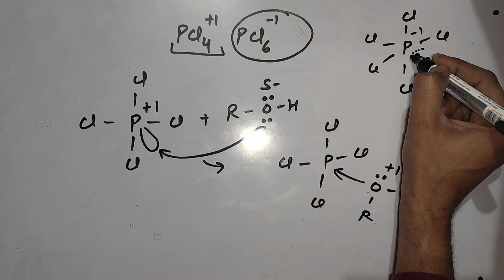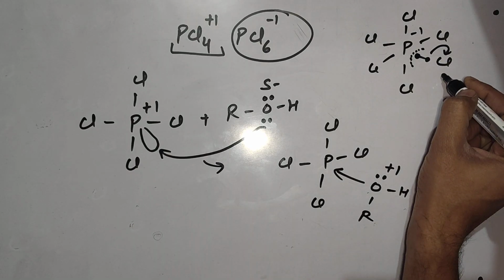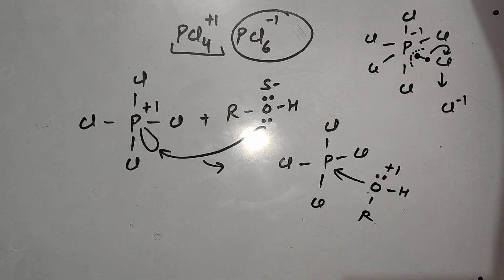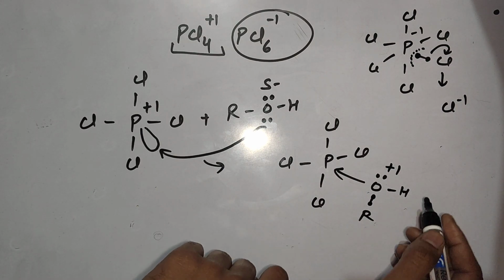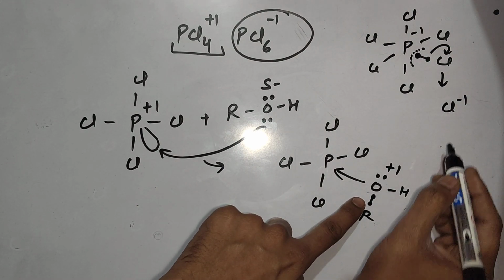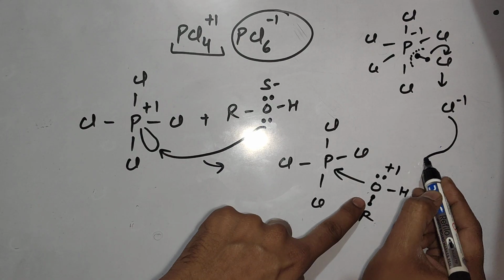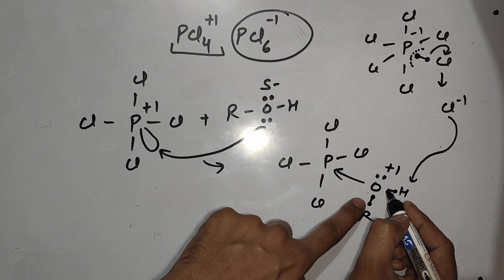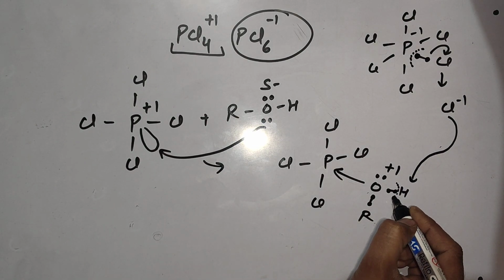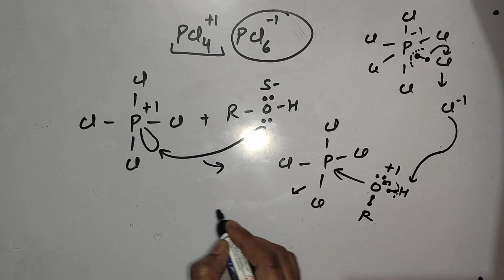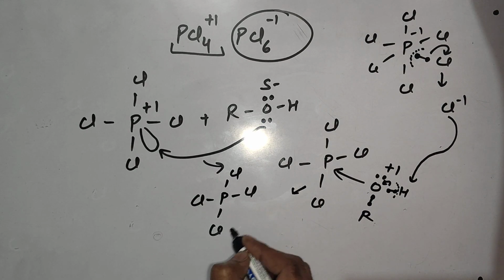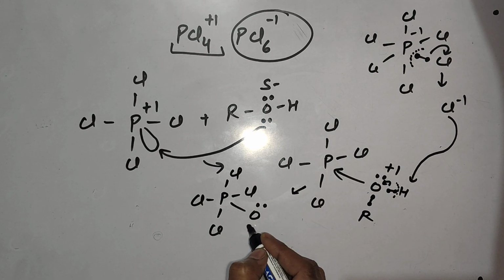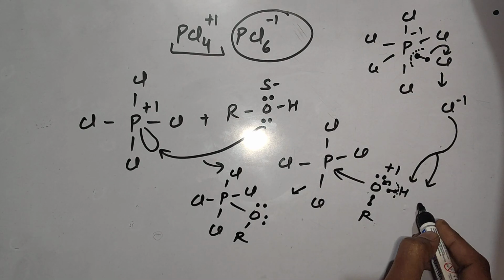The chloride bond which was extra over there will break and Cl negative will release out from here, and that Cl negative will now attack on this hydrogen side, the bond will break and you will have Cl, this oxygen will become stable like this, and what will generate out here?